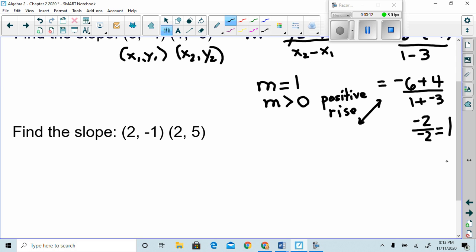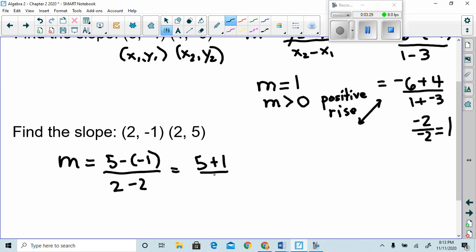Let's look at our second one. Again, we use the slope formula. Change in y, that's 5 minus a -1 over the change in x, or the run, which is 2 minus 2. Again, we add the opposite. We get 6 over 0.